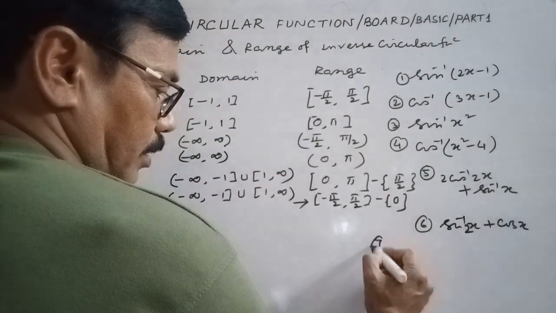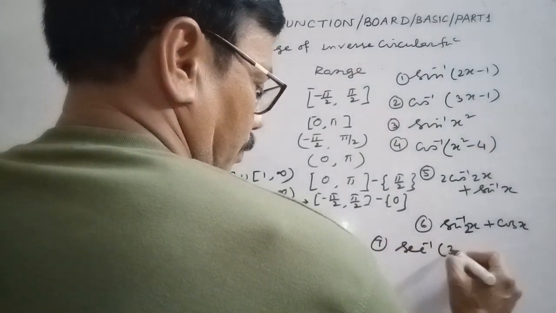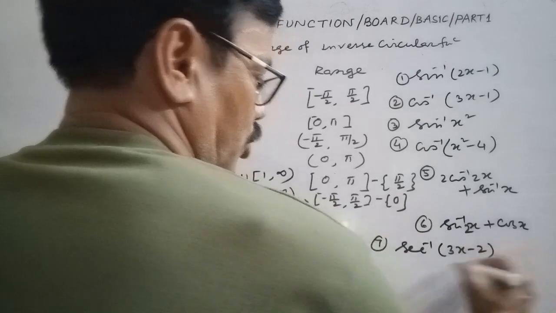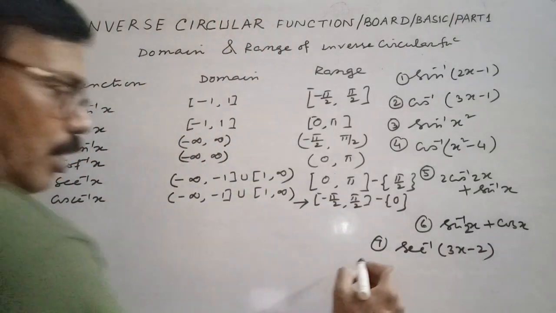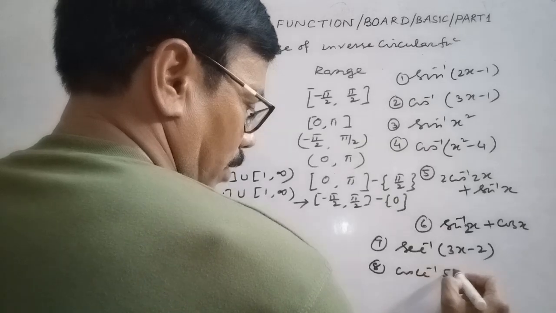Number 7, sec inverse of 3x minus 2. Cosec inverse 5x.